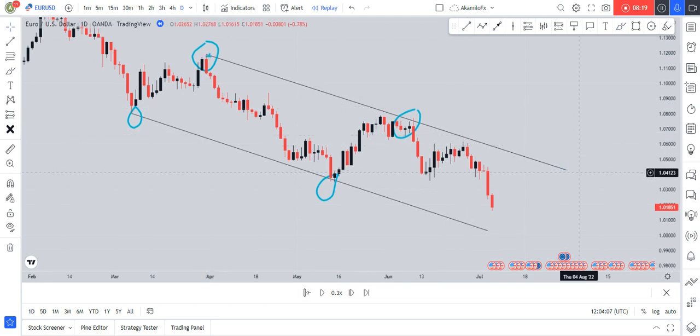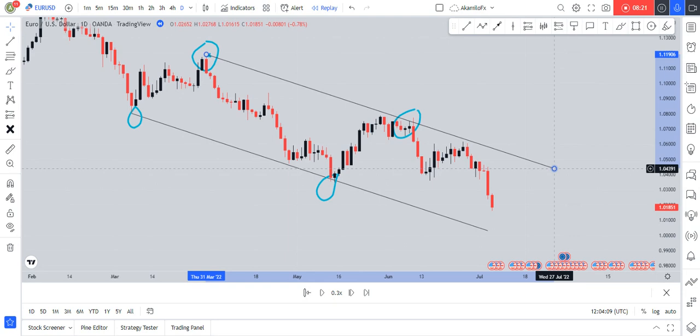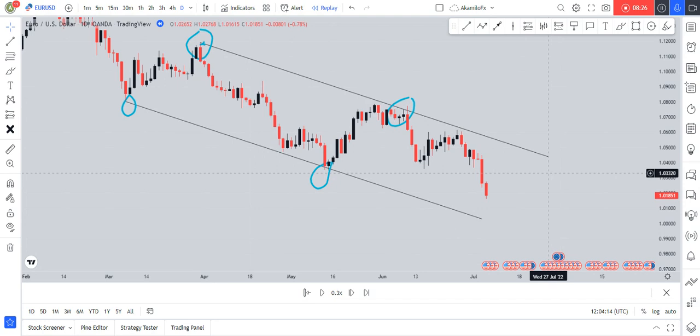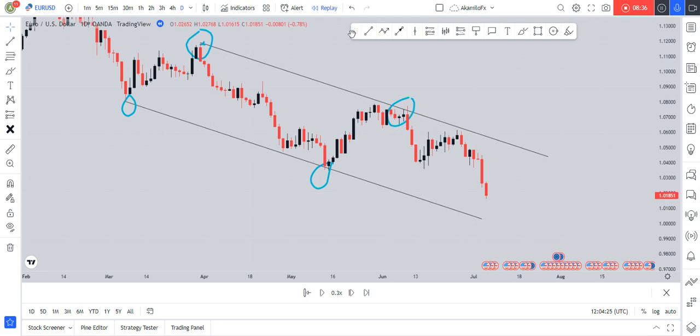In this case, we'll be waiting for price to come and bounce at the resistance trend line before we take our position, and then we'll take a sell position to the downside. Let's use the replay tool and see how price plays out.